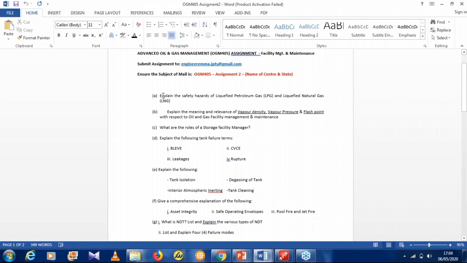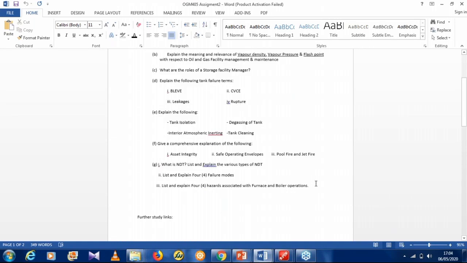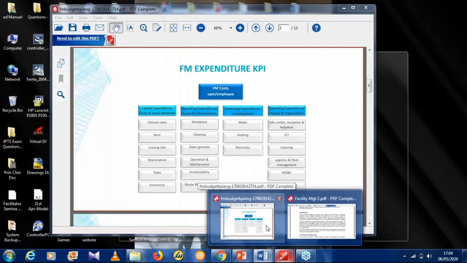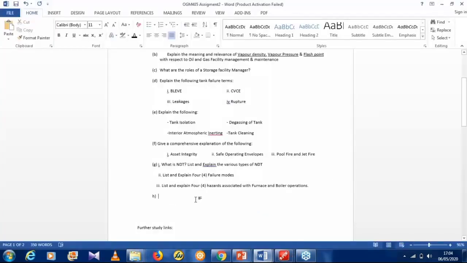Then you are also going to answer. Make it more of what you need to read up in case of our next class, because we'll be treating all this area next month. But most importantly, this page is for you to discuss extensively on FM, that's facility management expenditure KPM.